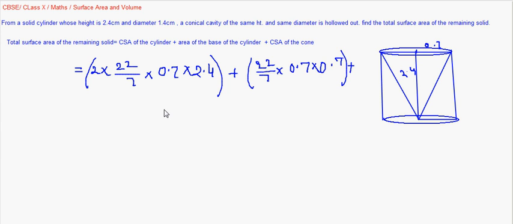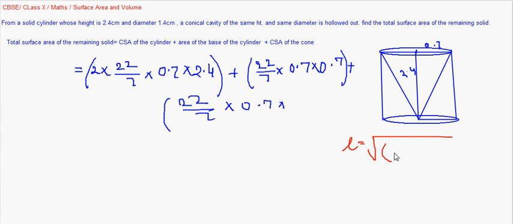The curved surface area of a cone is pi r L. Oh, we didn't calculate L. We separately will calculate L here. That's the slant height. Slant height will be the square root of 2.4 square plus 0.7 square. We have to calculate this slant height.